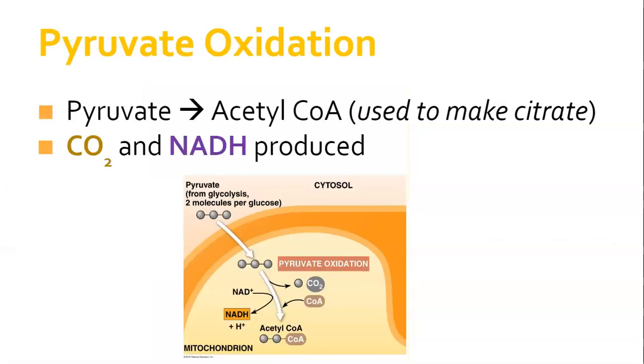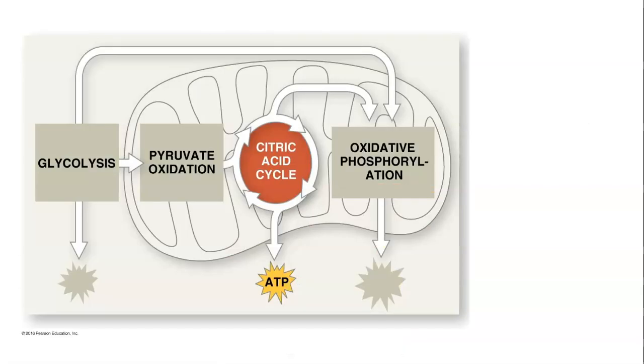So all that happens in the intermediate step is that this is where carbon dioxide is given off. The pyruvate molecules that come in from glycolysis are converted into something called acetyl-CoA. And in the process, you are now able to give off carbon dioxide because you lost a carbon, and you also produce some NADH. Then the acetyl-CoA molecule is what proceeds on to the Krebs cycle.